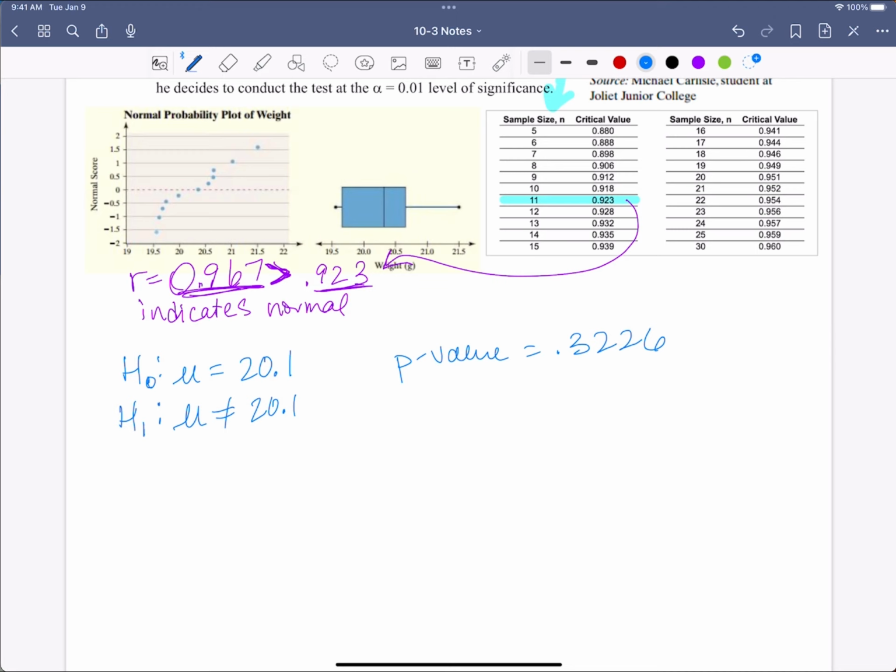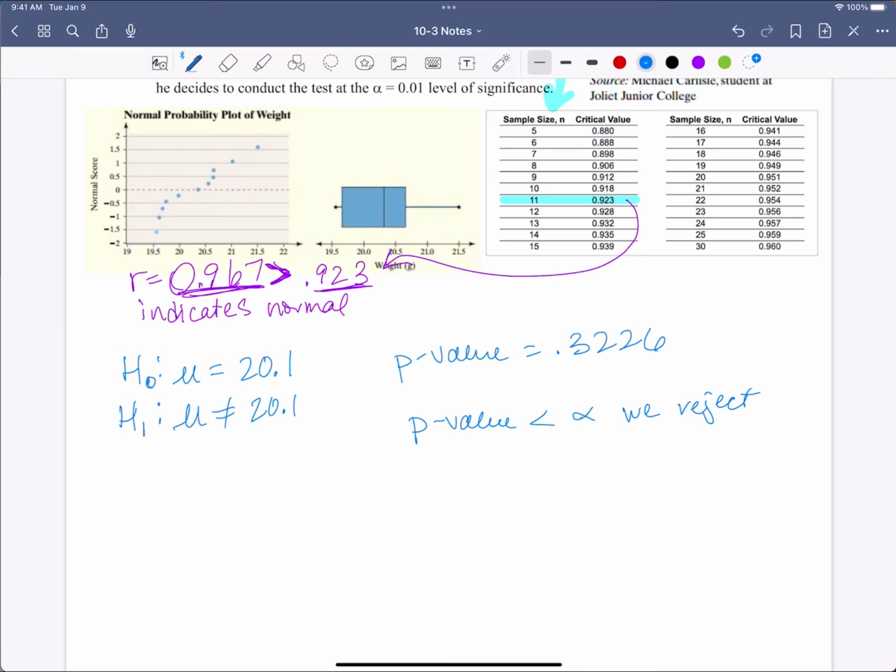Now, if I have this scenario, 0.3226 is what we have. I'm going to make that comparison. If the p-value is less than alpha, we reject. All right, then we reject it.